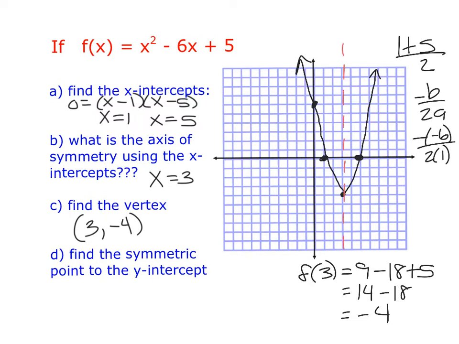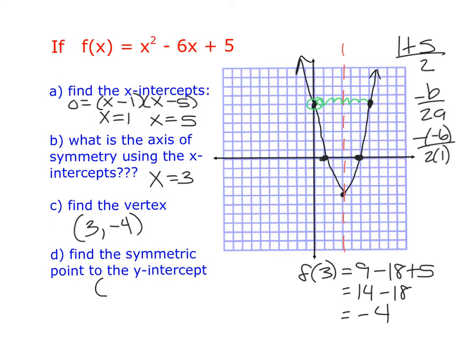So if I take my y-intercept, this 0, 5, and I reflect it over the line x equals 3. So 1, 2, 3, 1, 2, 3. It's another point on the graph because it's a reflection.